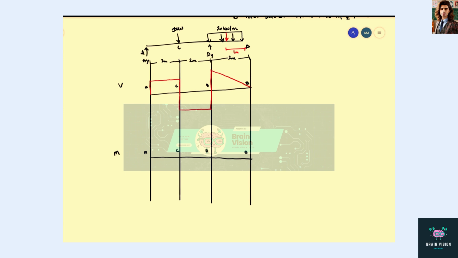So this is 15, this is negative 35, and this is 40.